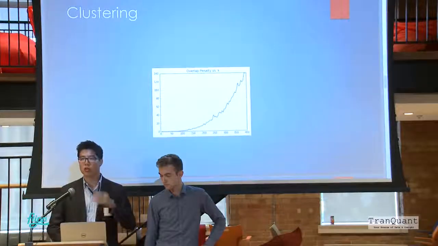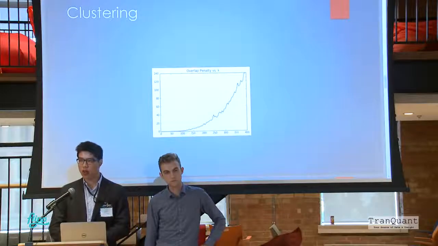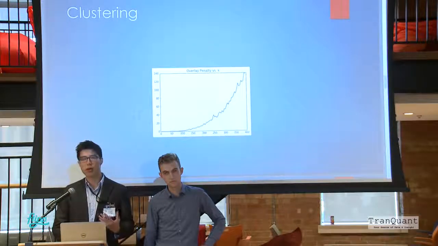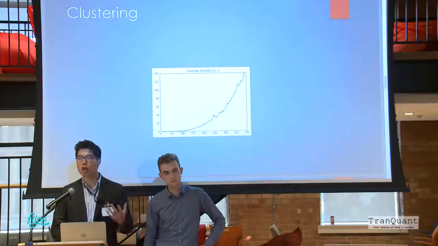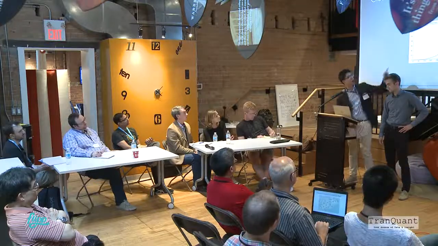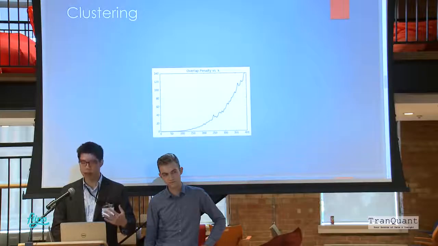This shows what is known as the overlap penalty versus K. The overlap penalty is something that we came up with as a way to judge how many clusters we should use. Of course, if we use 1,000 clusters, every single landmark gets its own cluster, but then it will become way too crowded. There will be way too much overlap, which you see on the right end there. More clusters leads to a higher overlap penalty.